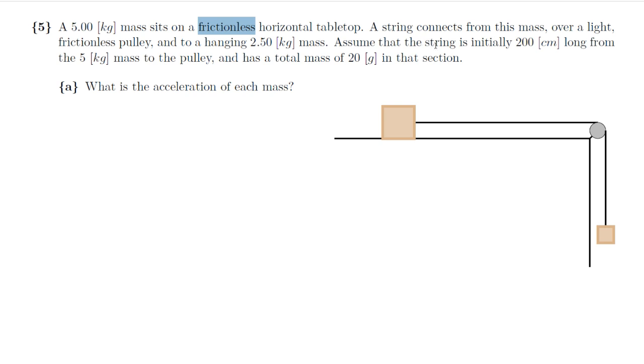Assume that the string is initially 200 centimeters long from the 5 kilogram mass to the pulley. So from the location of this mass on the tabletop all the way to the pulley, that's 200 centimeters, or in other words, 2 meters of length initially. Assume that that has a total mass of 20 grams in that section. So I tell you the total mass and the total length in this section right here.